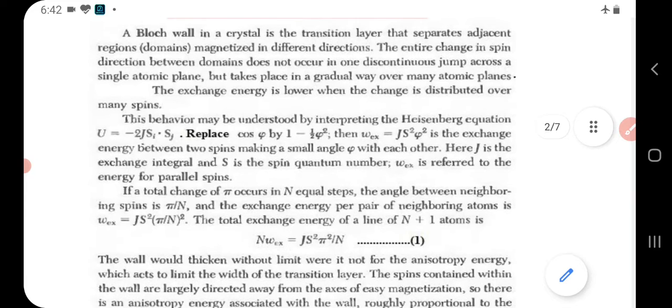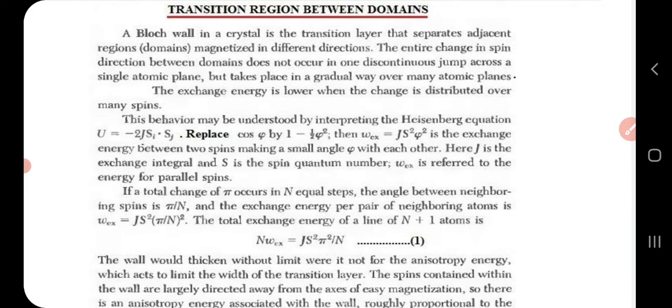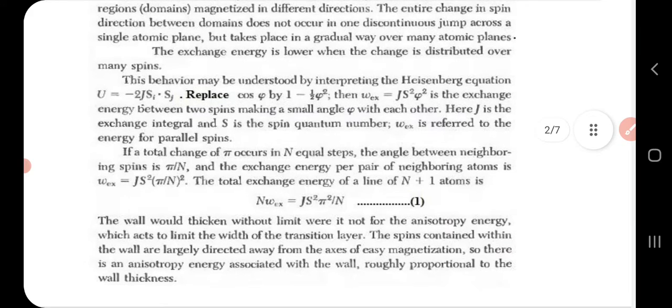Now, this behavior can be understood by interpreting the Heisenberg equation, which we have already discussed. U is equal to minus 2J Si dot Sj. Si dot Sj means Si Sj cos psi, because dot product means it is a cos function. So remember there exists a cos psi there.